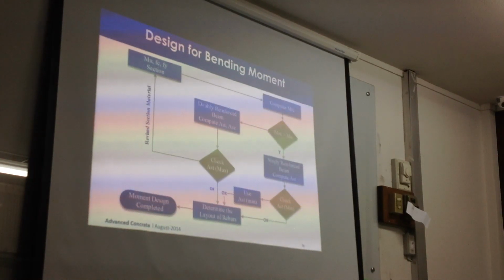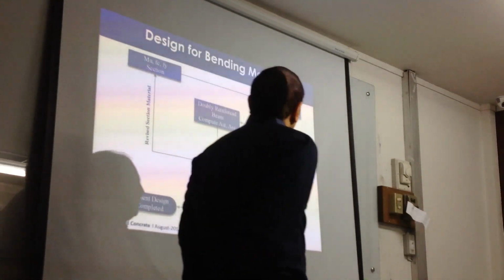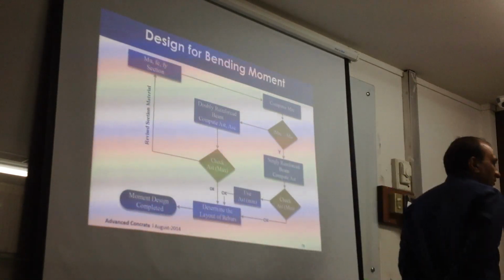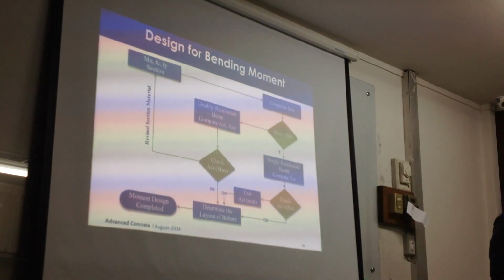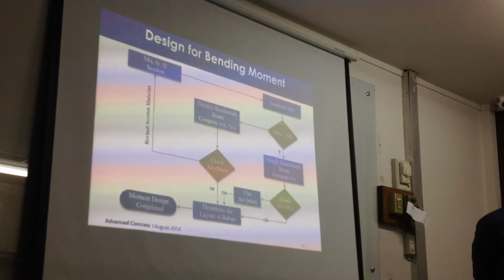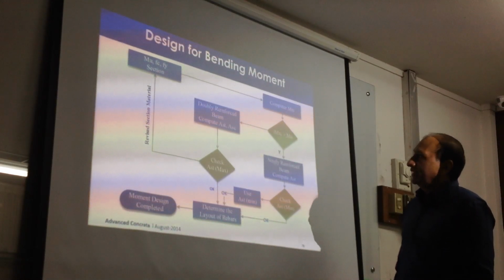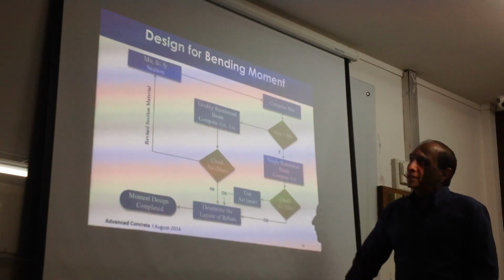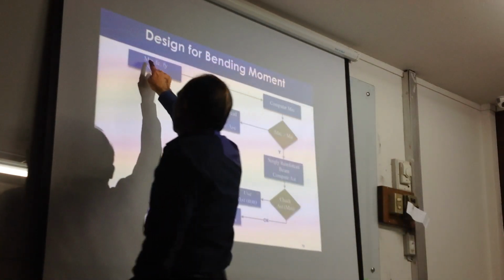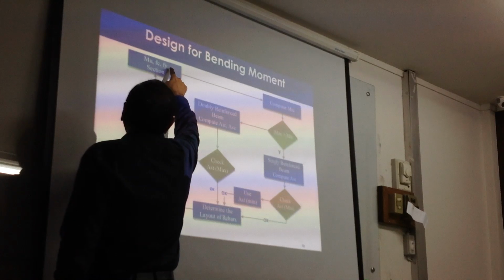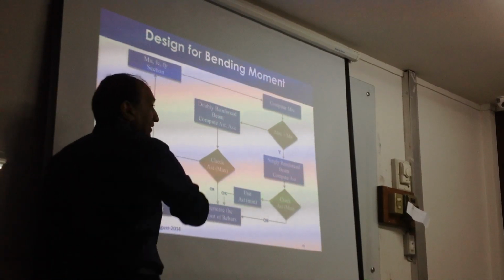This is the conclusion of the beam section design flowchart, you may call it, right? How do you do the design of a beam for moment, bending moment? We start with a given moment, concrete strength and steel strength and section.